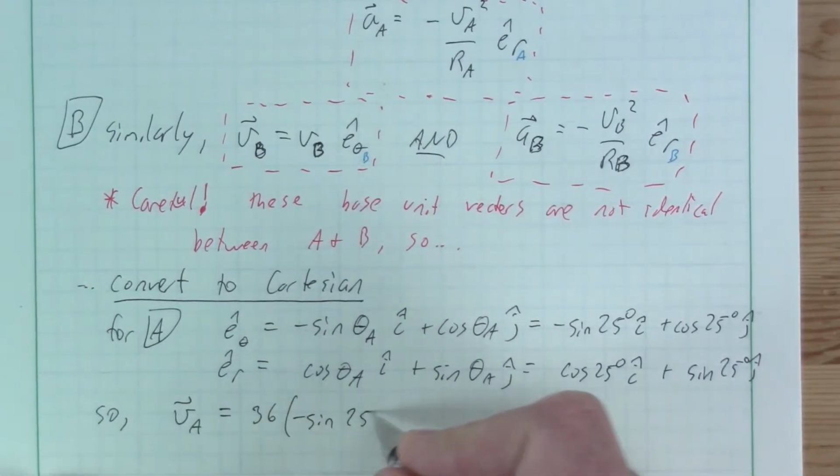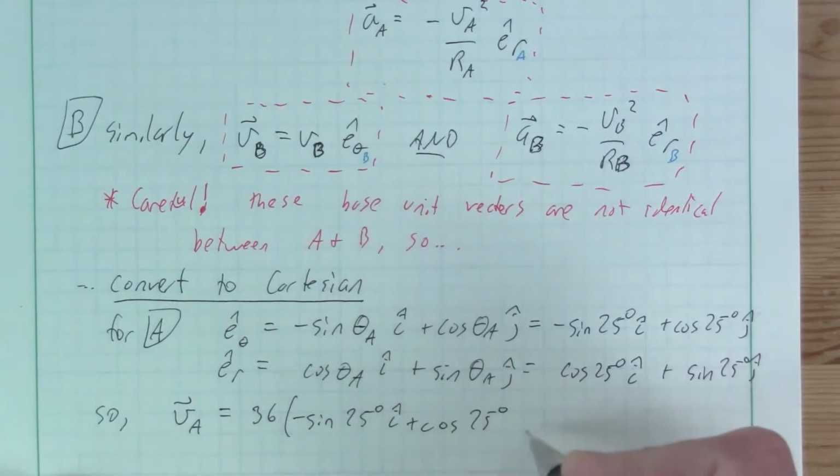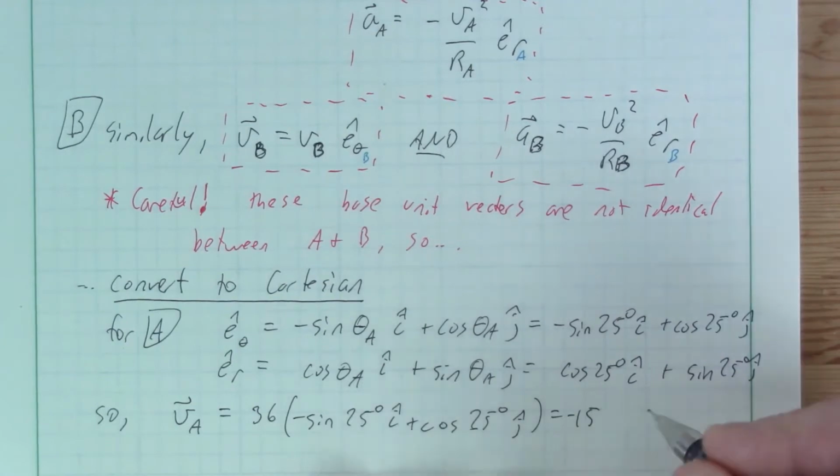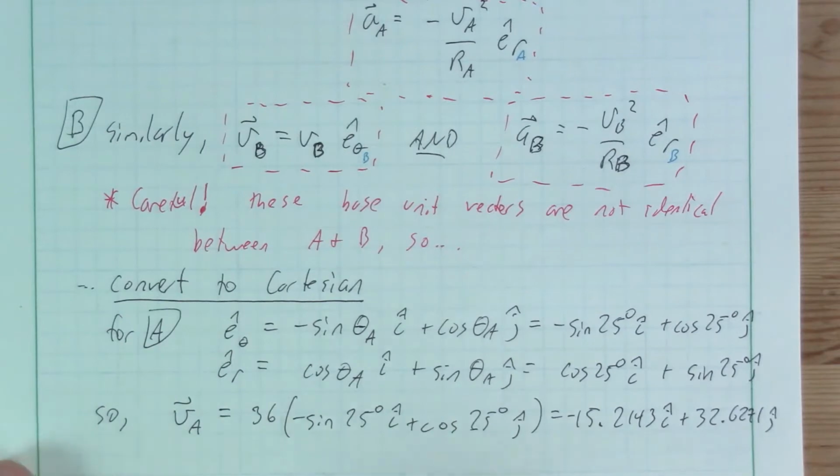Minus sine 25 degrees i hat plus cosine 25 degrees j hat, and we get minus 15.2143 i hat plus 32.6271 j hat. You can check that calculation if you wish.